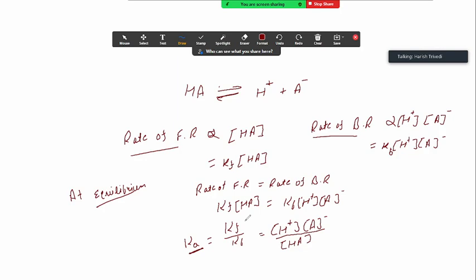So HA is dissociating into H plus and A minus ion, so it depends on the acid. Suppose it is CH3COOH, then the dissociation fraction will be different, whereas if it is HCl, the dissociation fraction will be different. If you plot the graph of fraction of dissociation against concentration of acid, this graph is for HCl.